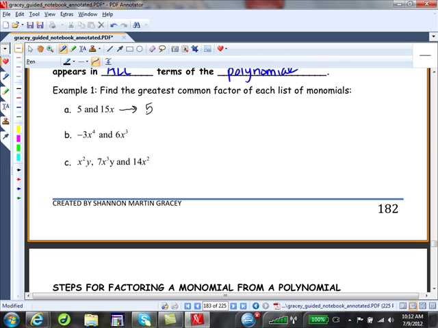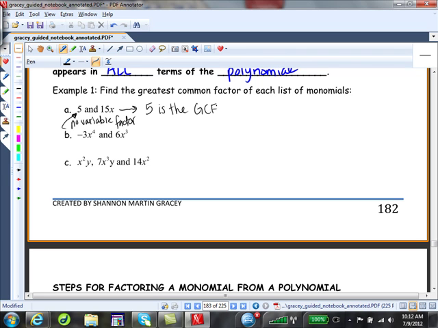So the greatest common factor is just going to be the constant, because this 5 has no variable factor in this guy. Therefore the greatest common factor in this case is 5. So 5 is the GCF.